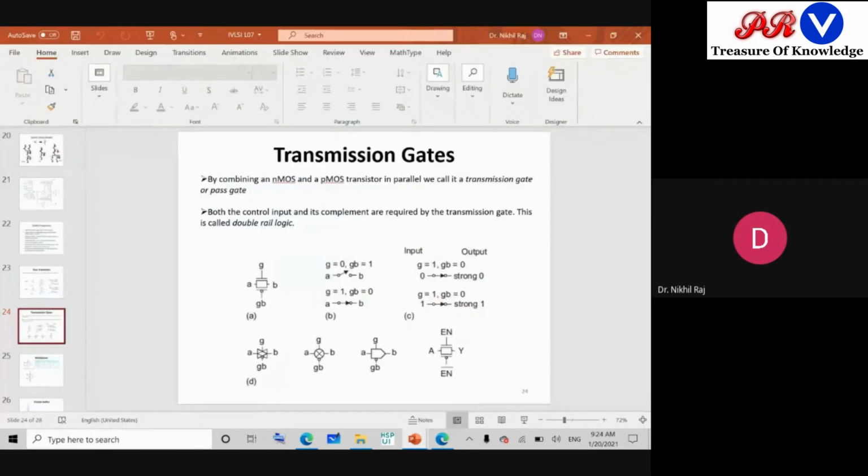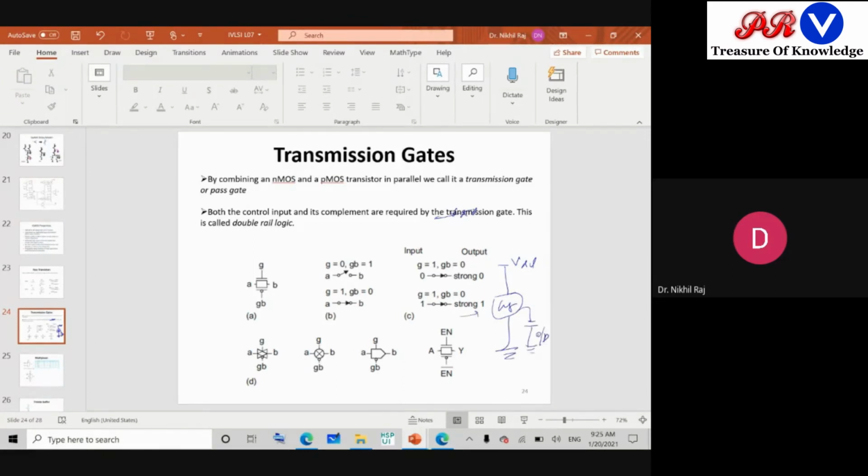Okay, let me comment. So what happens in CMOS logic? If you recall, we have VDD. Then here the logic circuit is there, and then we have ground, and here is the output.